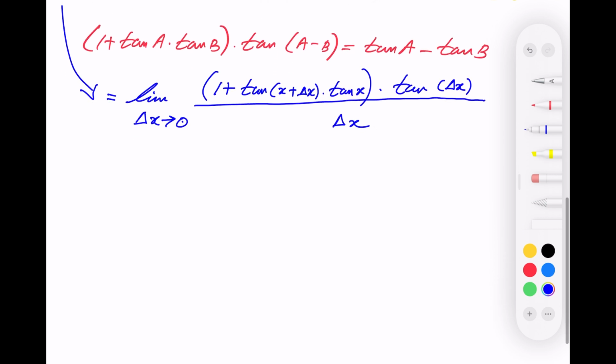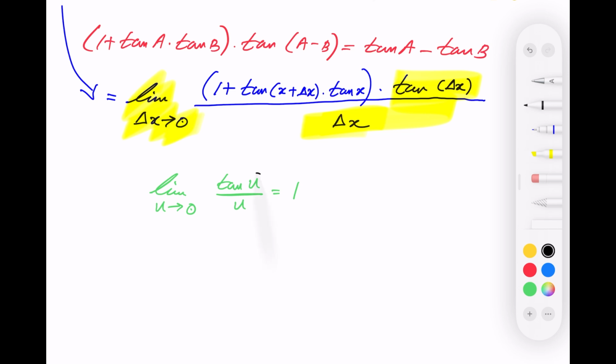Now, how would you simplify this? We can simplify this easily using a trig limit that we have seen in the past. The trig limit involving tangent is: limit as u approaches 0, tangent u divided by u is equal to 1. If you look at this part, it is tangent delta x over delta x, and that delta x is approaching 0.